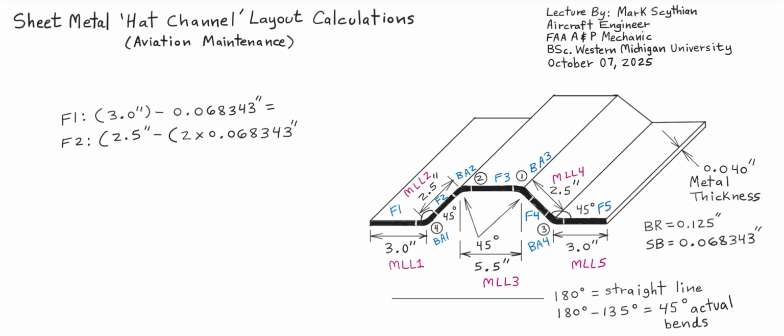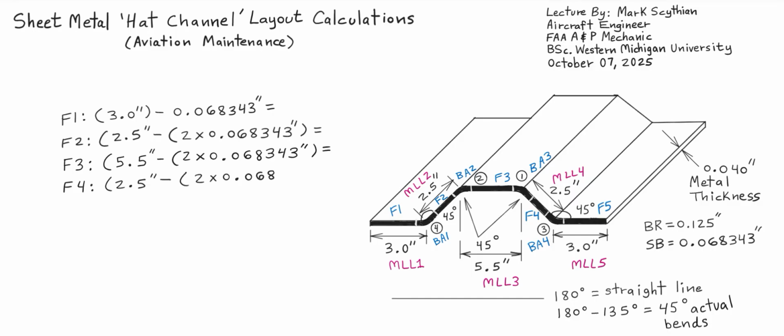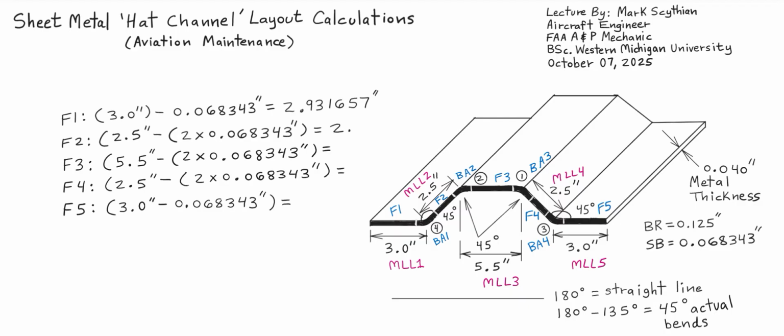So we have 2 setbacks with the same value because the bend angles are consistent. And then flat 3 is the mold length line 3 minus 2 setbacks. Flat 4 is consistent to flat 2. And then flat 5 is consistent to flat 1. So we're able to then calculate each flat value in its entirety.